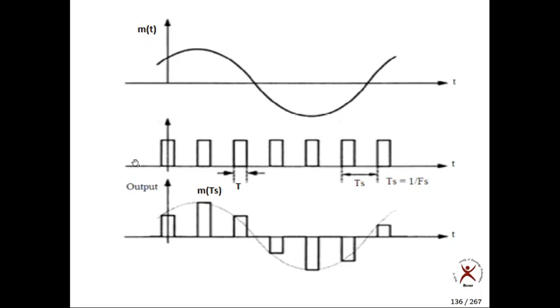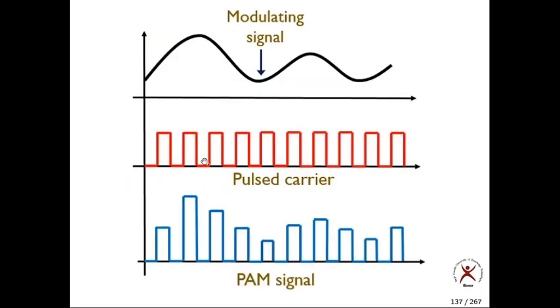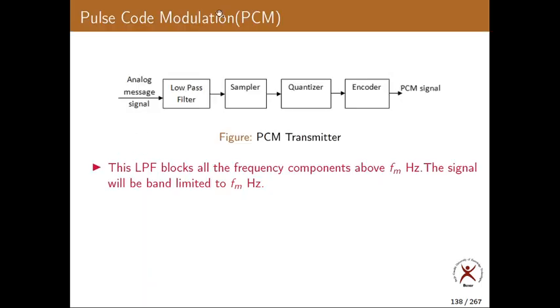That's why it's called pulse amplitude modulation. This diagram tells us everything about it, and in the same way we have pulse width modulation and pulse position modulation. Now we start today's class.